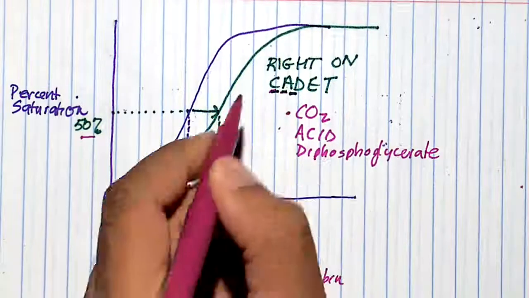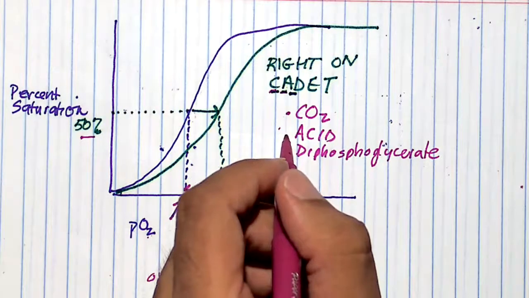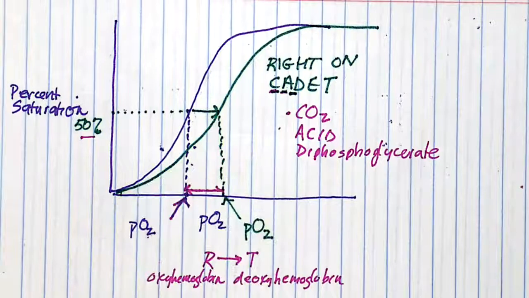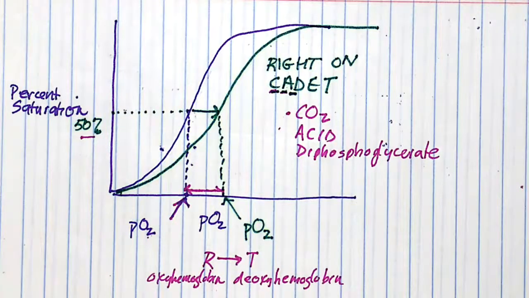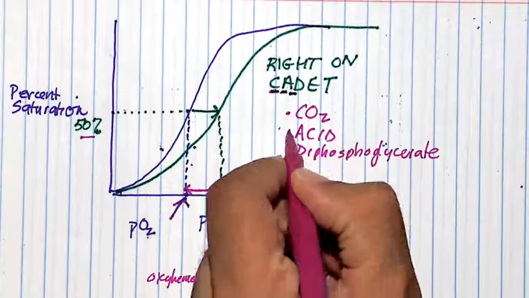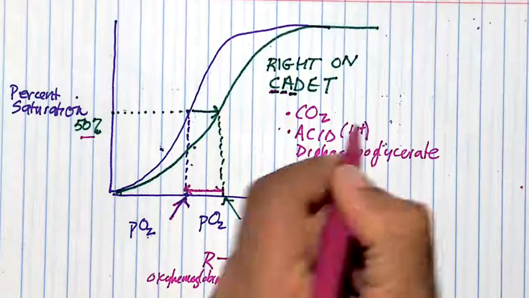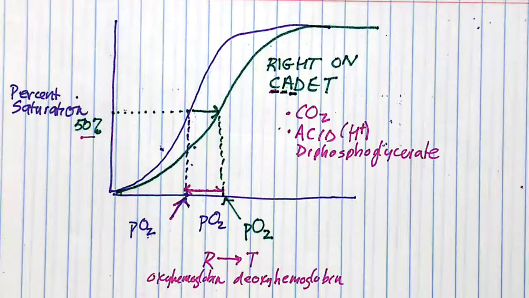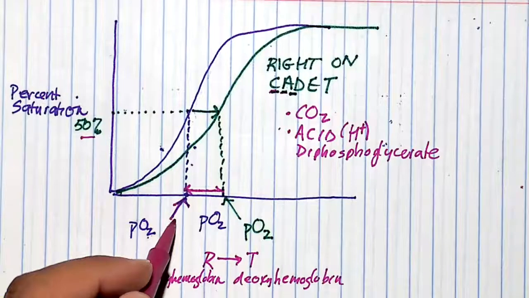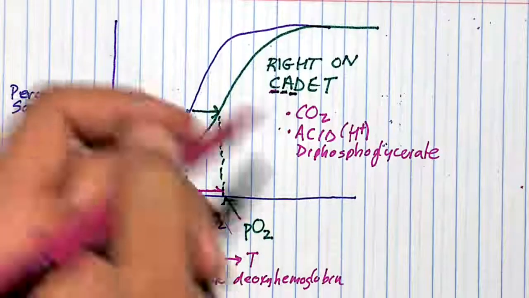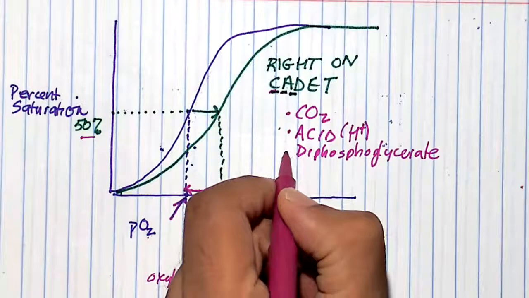Okay, so this molecule will bind to hemoglobin and shift this curve to the right, favor the T state, causing more oxygen needed to get to that 50% saturation. Acid, which is nothing more than H+, so if there's acidity around, or protonation of hemoglobin, it will favor more oxygen to achieve 50% saturation.